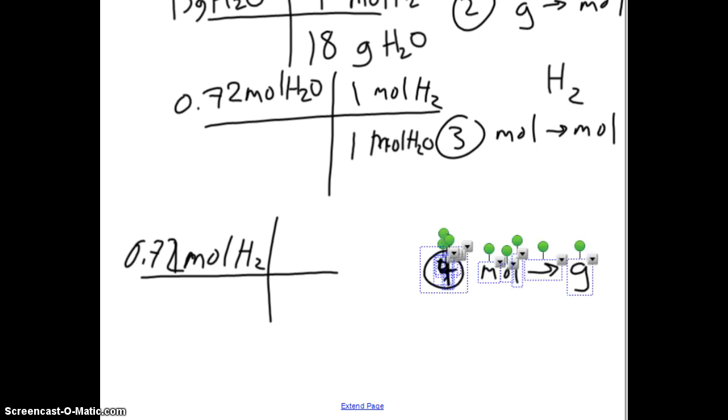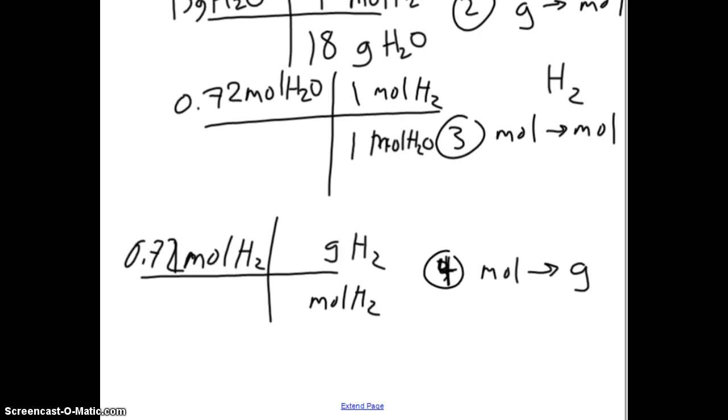So we put moles on the bottom, moles of H2, and put grams on the top, and we figure out what the grams per mole is for H2 from our chem helper. The grams for H2 is 2 times 1, which therefore is 2, or 2.01 or 2.02 if you want to be particular.